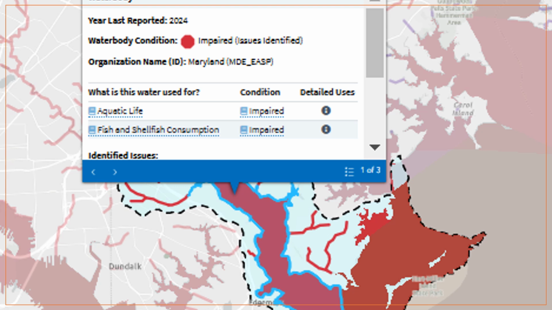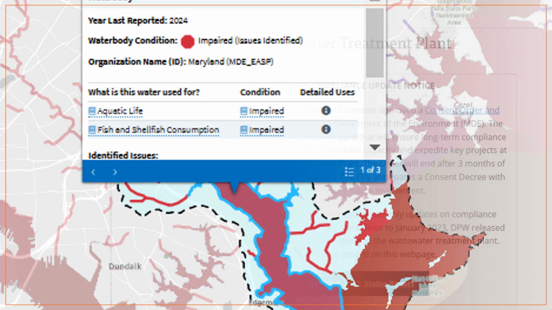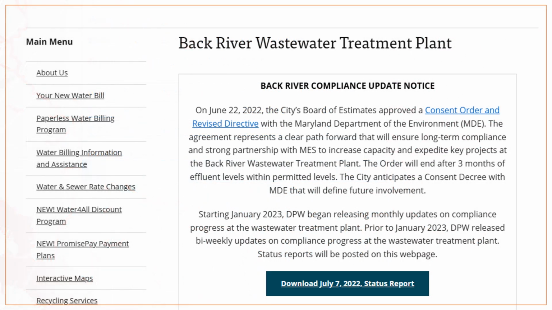What that means is that it's not fully conducive to a specific purpose, such as eating fish, swimming, drinking water, or just aquatic life in general. So impaired means that it's less than optimal, and good means that it's in good condition.